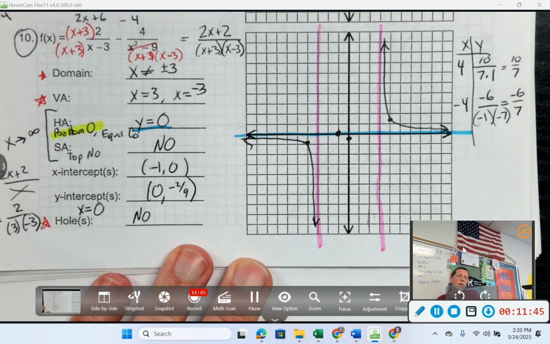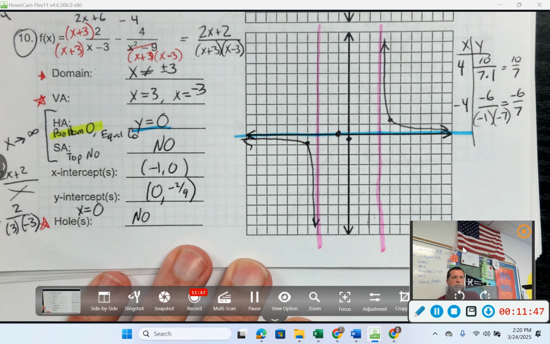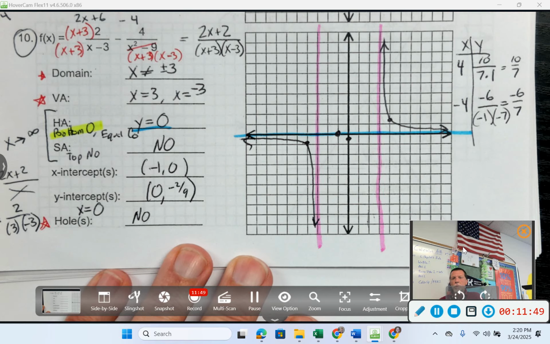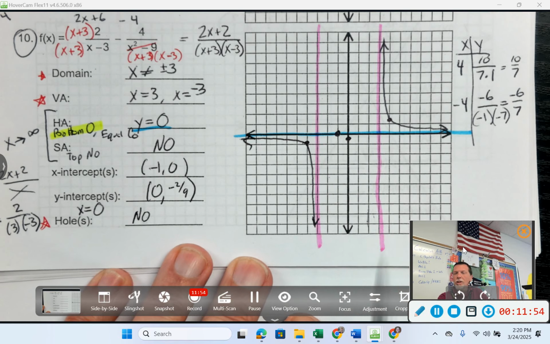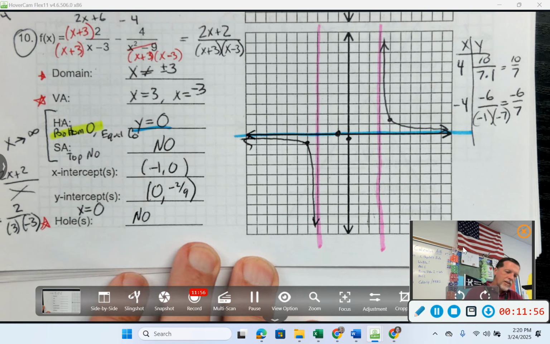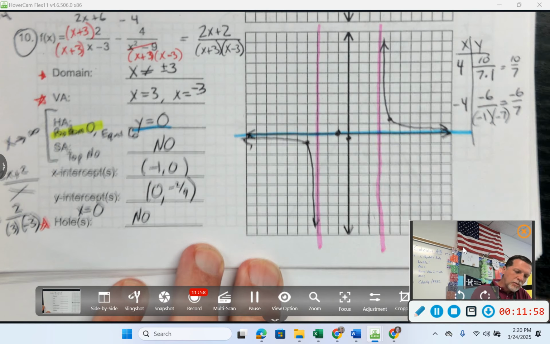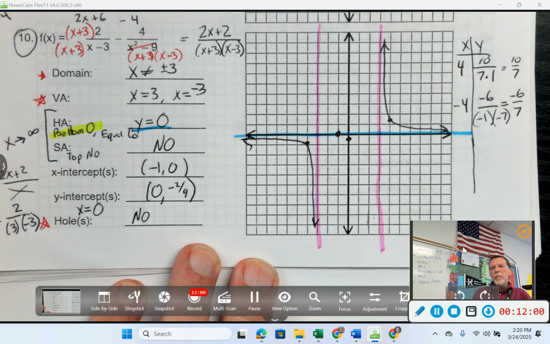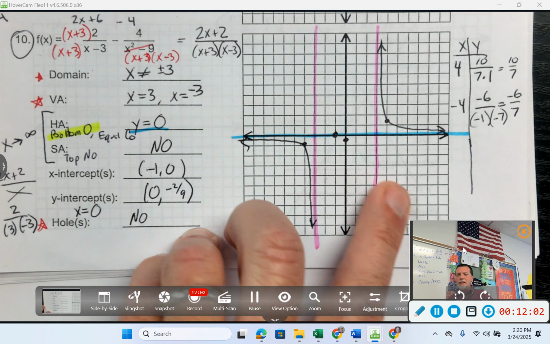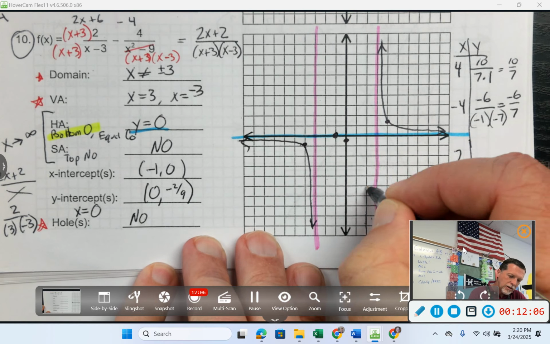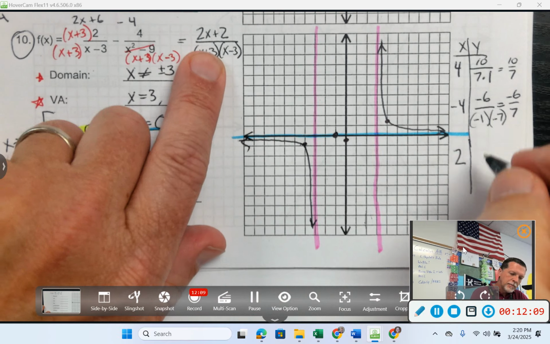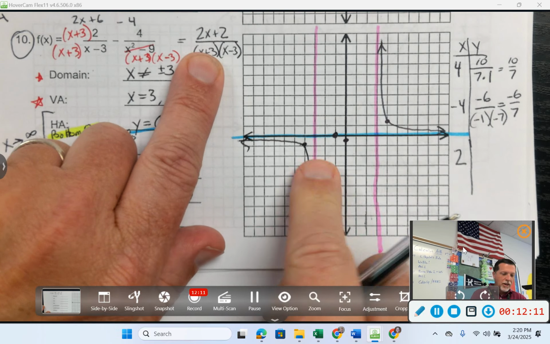So now I feel pretty good about what the middle looks like. Now, if you're worried, you could plug in -2, or 1, or 2, or all of them, and really get a nice clean graph. But that's probably good. Maybe this is one where you're like, man, this is complicated, there's a lot of stuff. So maybe it would be wise to check 2, just to make sure that we're continuing down over here. Completely optional. I've got all the points I need.